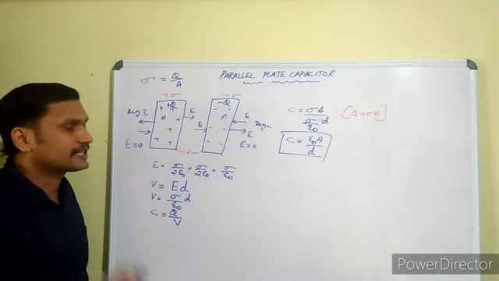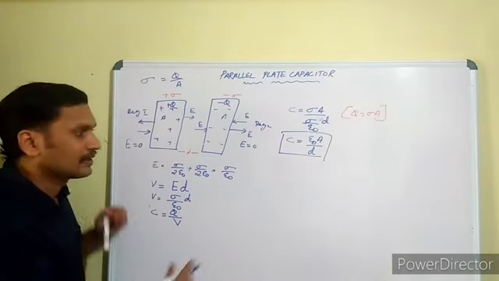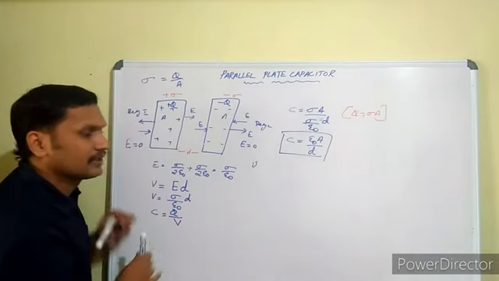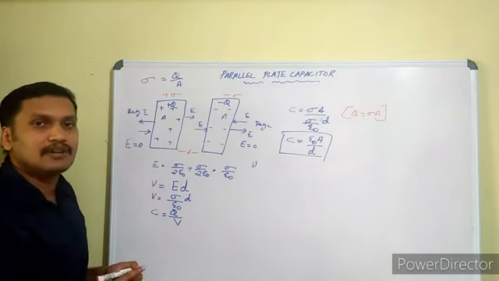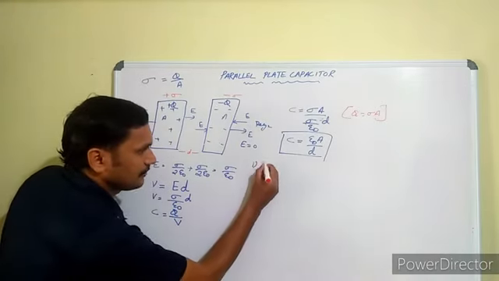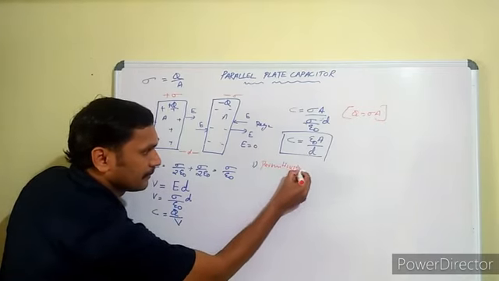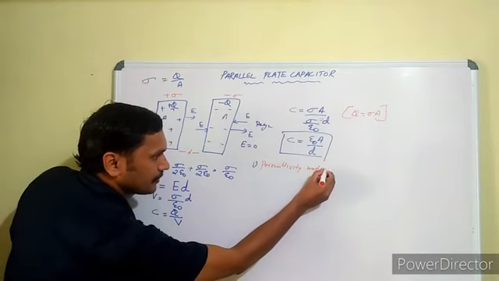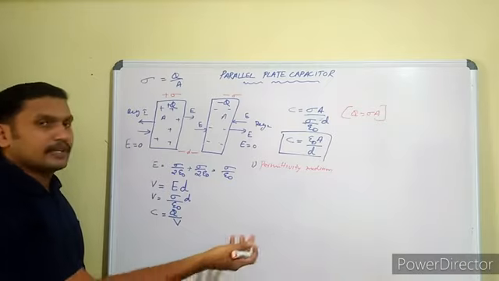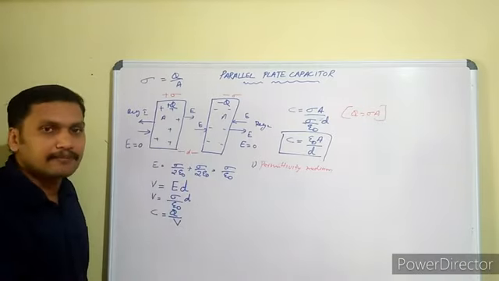So what are the factors affecting the capacitance of a parallel plate capacitor? One is the permittivity of the medium between the plates, or we can say the permittivity of the dielectric medium we are inserting between the plates.